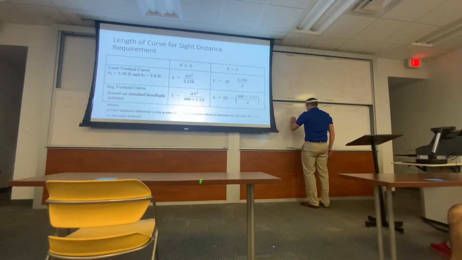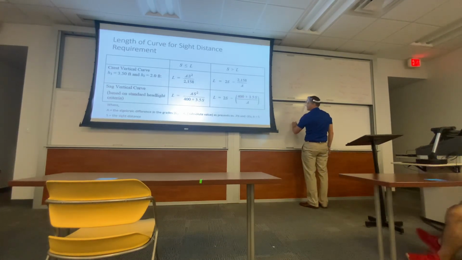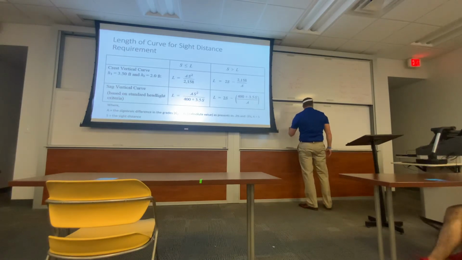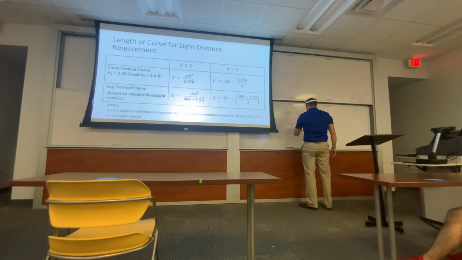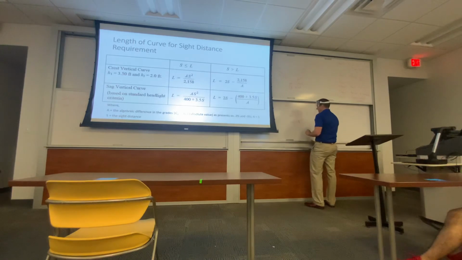L equals A S squared divided by 400 plus 3.5 S. So L equals 9.65 times 385 squared divided by 400 plus 3.5 times 385.